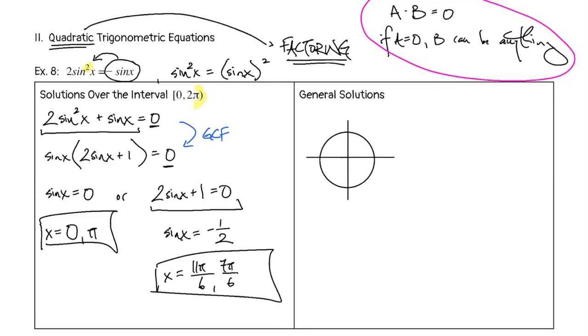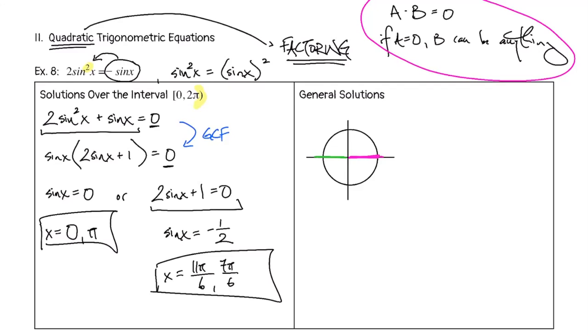Okay. So I've got a 0. I've got a pi. Ooh, those are halfway around the unit circle exactly. So those two solutions I can actually write as one solution, right? Because it's the special case where they're exactly separated by pi.